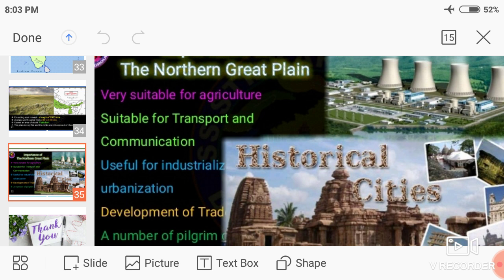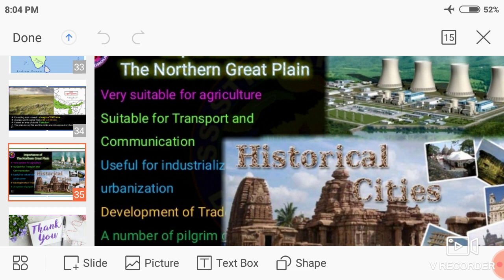The Northern Great Plain is very suitable for irrigation and agriculture, because it has many rivers and large fertile alluvial soils.